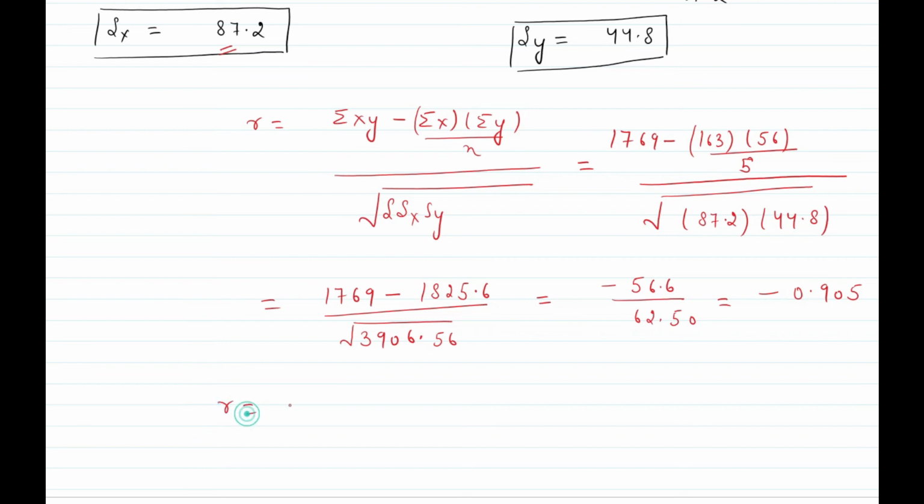That is, r equals minus 0.905. This is the correlation coefficient of this given problem.